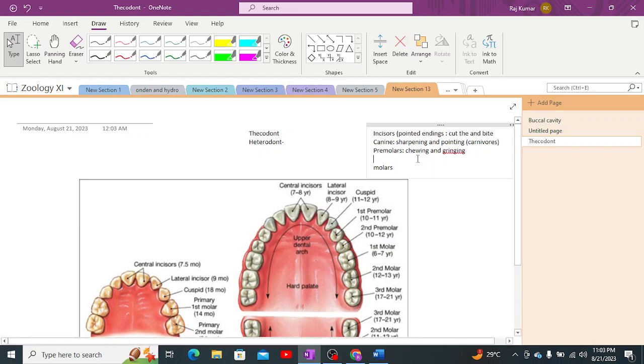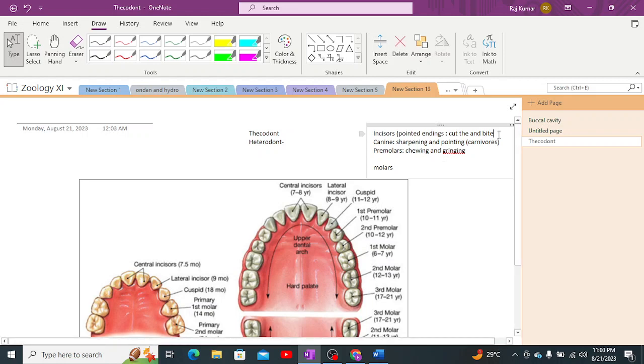How do they help in that case? They help by means of chewing and grinding, and these are most prominent in herbivores. Why? Because herbivores usually chew plants, and the structure of plants is quite hard to digest, quite hard to convert into small molecules, due to which they have these teeth as a prominent structure.